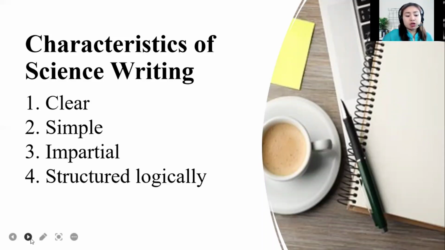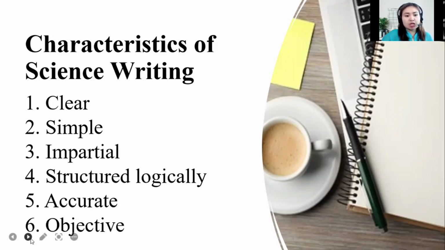It is structured logically, and of course, it is accurate. Of course, you are writing about science, so it must be accurate, or else no one will subscribe to your magazine if you are not writing accurate, factual information. Okay, and of course, it has to be objective and not subjective.